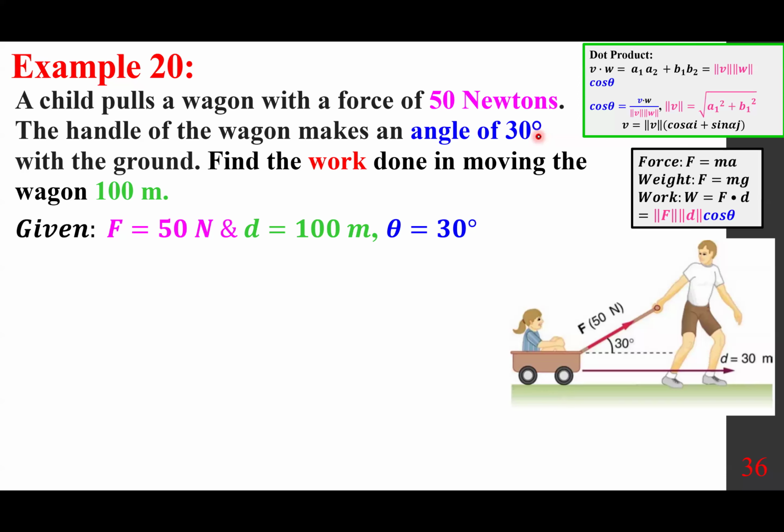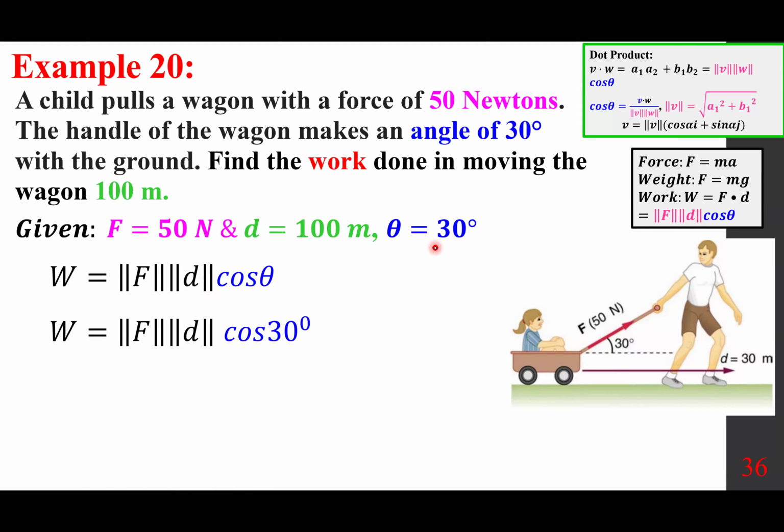Because it's a constant force, we simply use magnitude of F times magnitude of D times cosine theta. The magnitude of F is 50. The magnitude of the distance is simply 100, and cosine of 30.